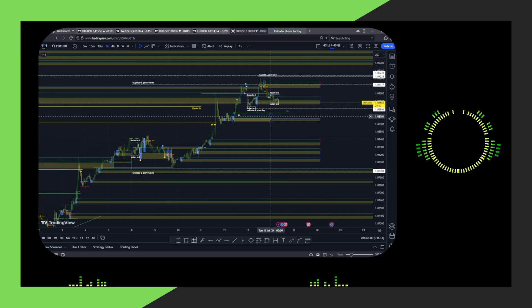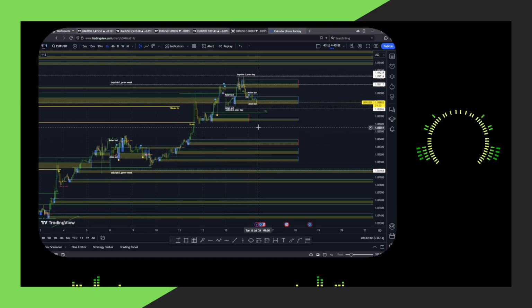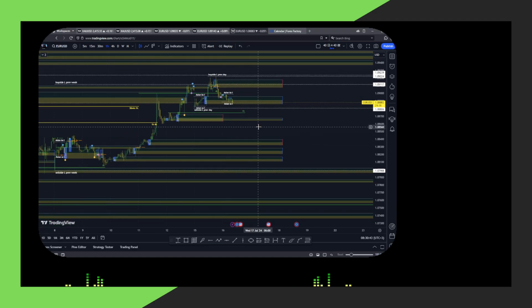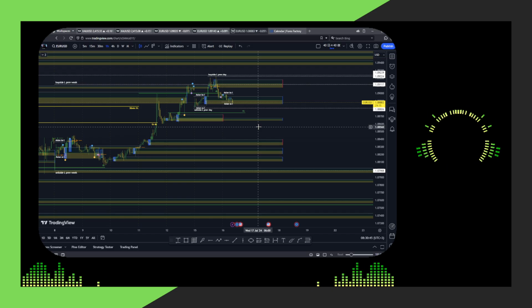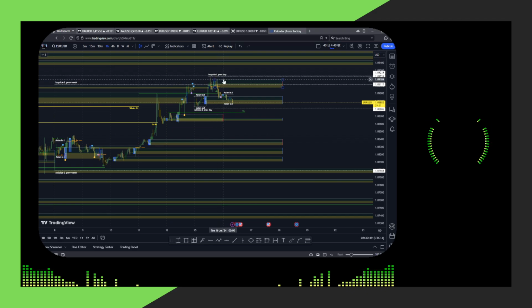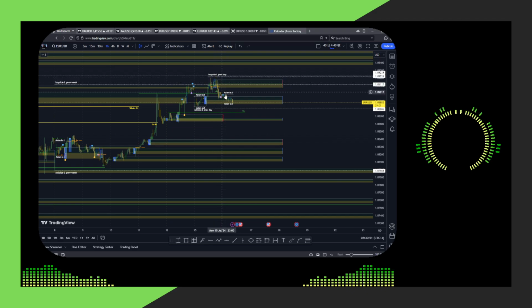You're seeing the price pushing to the downside over here, and this was because of a lot of factors. Mostly it was due to the orange entry on the 15th, that means yesterday.